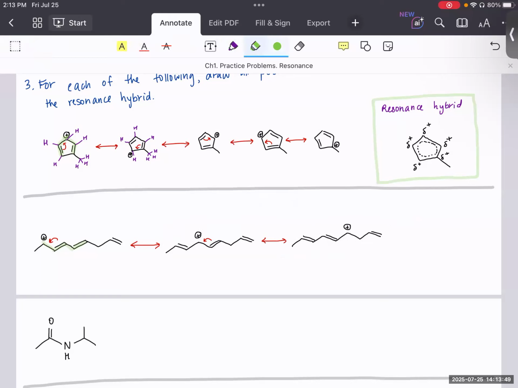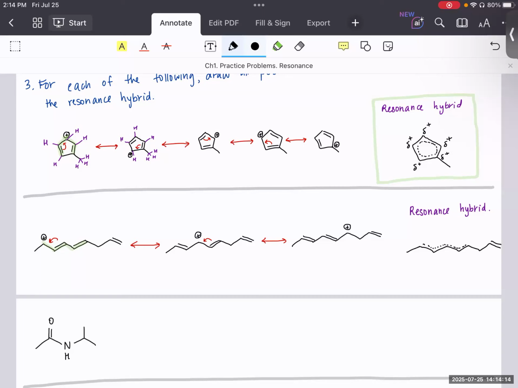And we can draw in our resonance hybrid, which is going to be the initial structure of what we had. And then we're going to take dotted lines across the entire conjugated part of the system.